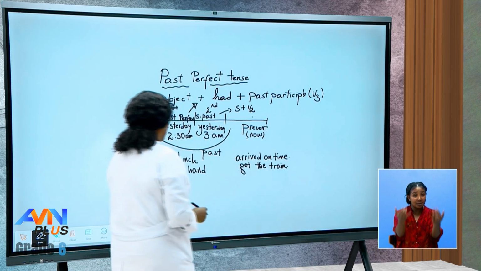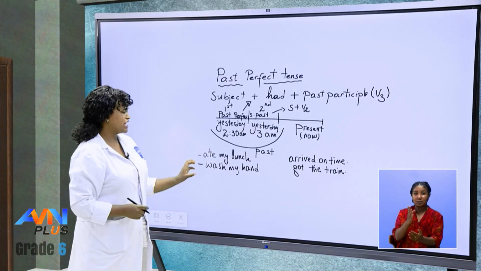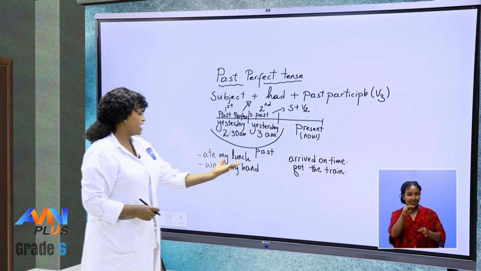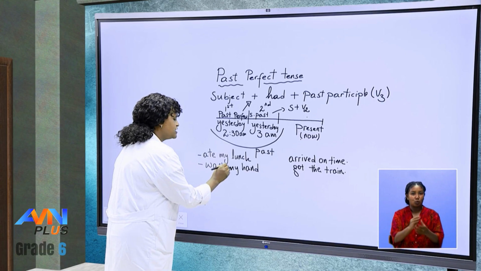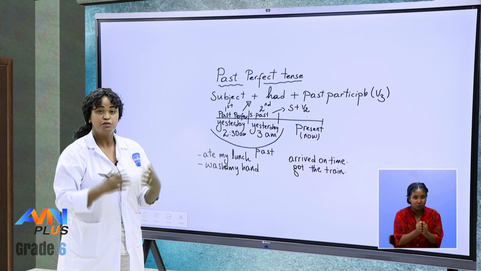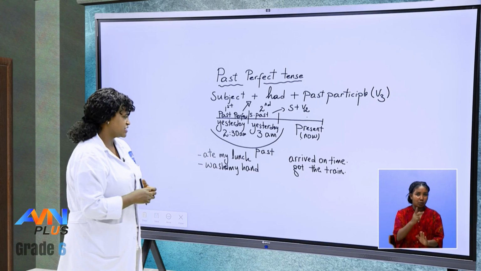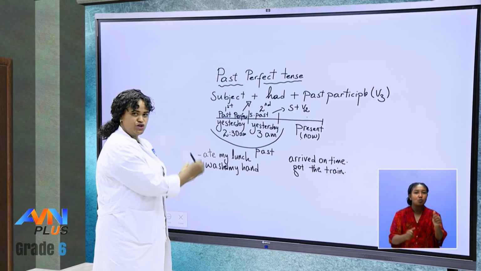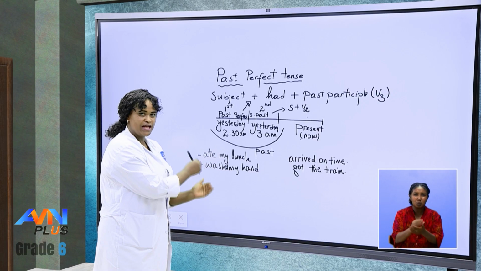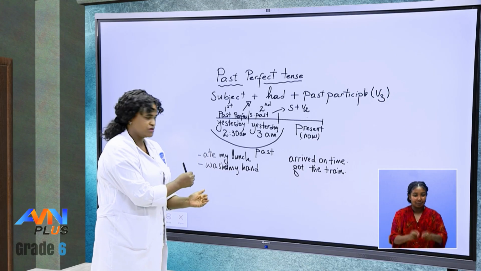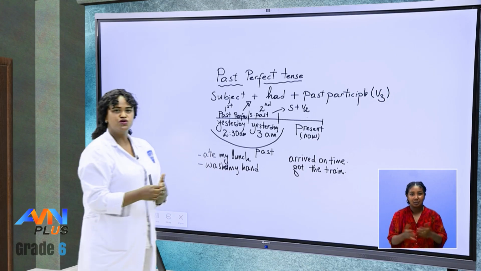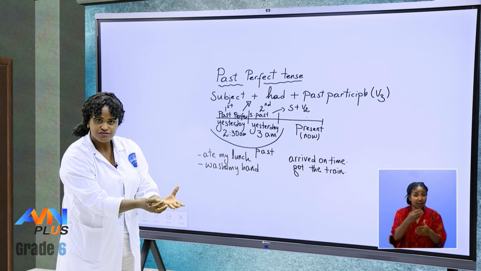Now, when we see this pair of phrases, ate my lunch and washed my hand, both of them are what? Past. But which one do you think happened first? Let us put these things in sequence. Do you first eat your lunch?